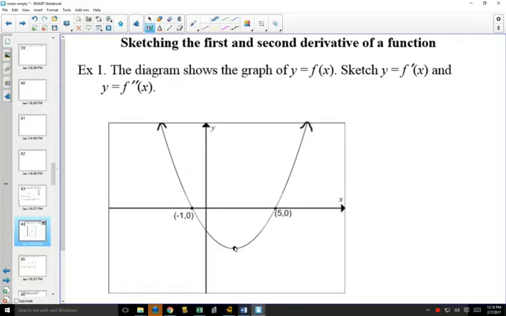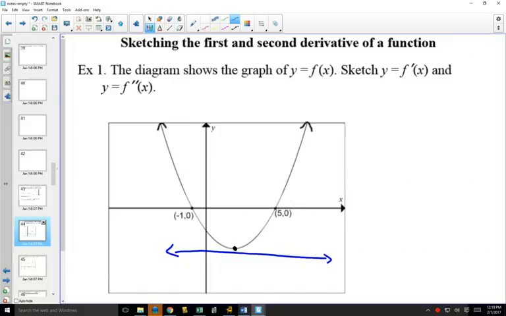If that's a minimum, what do we know about the first derivative? Again, what is the first derivative? The first derivative finds the slopes of all the tangents at any point on a graph. So if I look at that point, my minimum, and I drew a tangent line at that point, it would be perfectly horizontal.